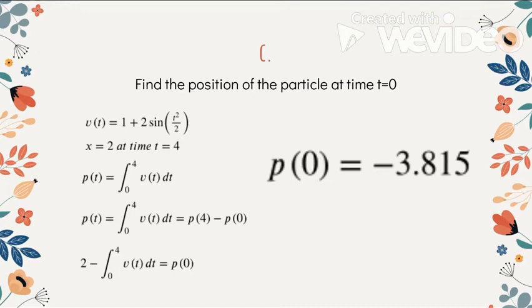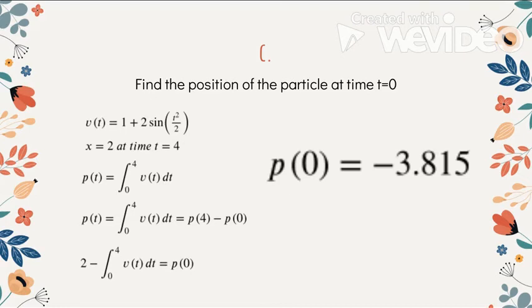X is referring to the position. So that's telling us that the position of the particle at time 4 is 2. Position is the antiderivative of velocity. So in order to figure out the position, we're going to be looking at the integral from 0 to 4 of v of t dt, because we're given that second value, the position at 4.